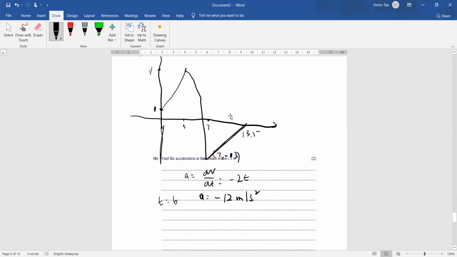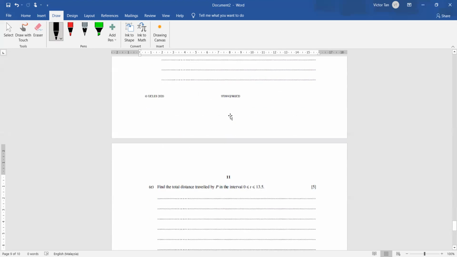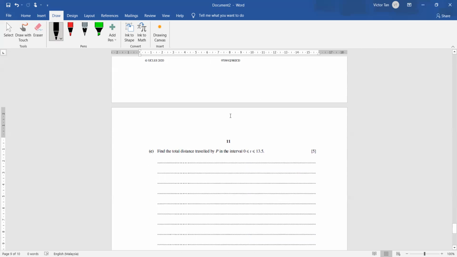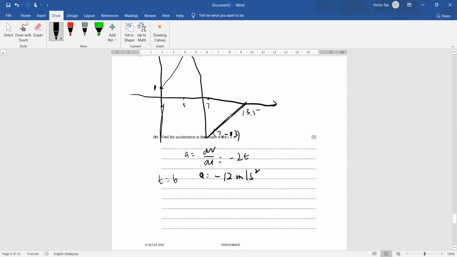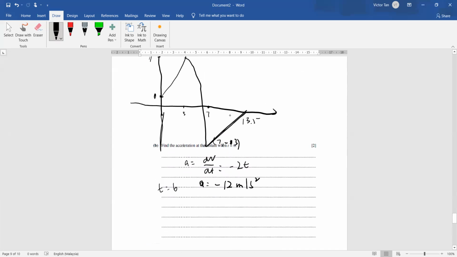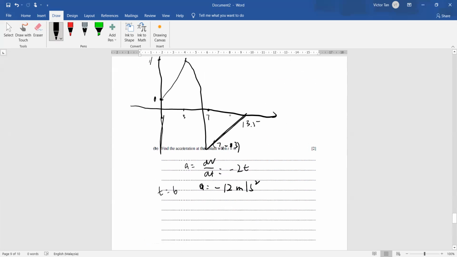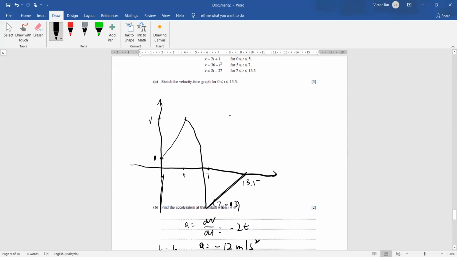Okay, first portion. Now you're finding the area below the graph. This point here is 6.